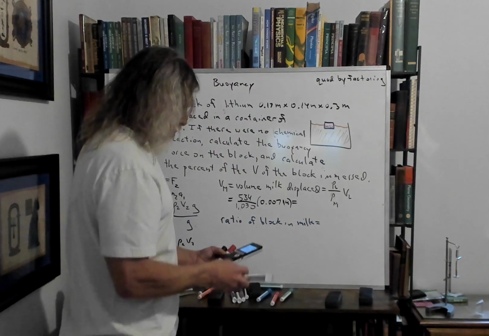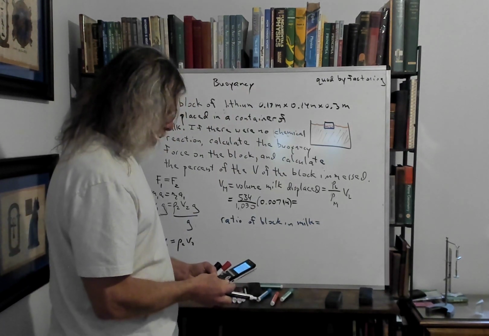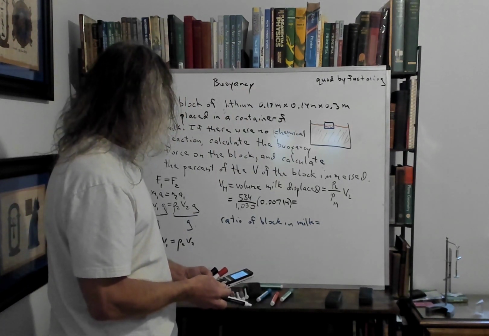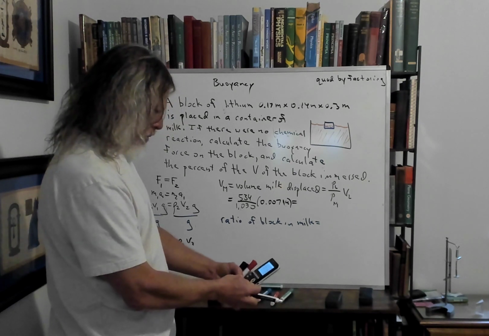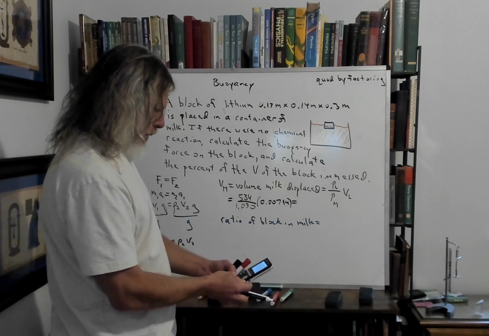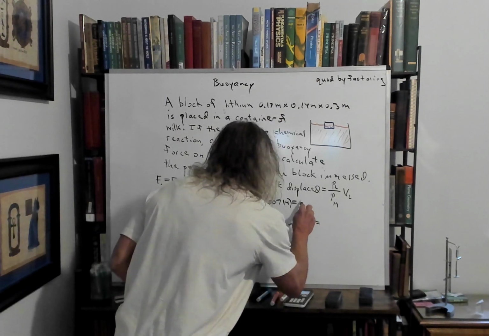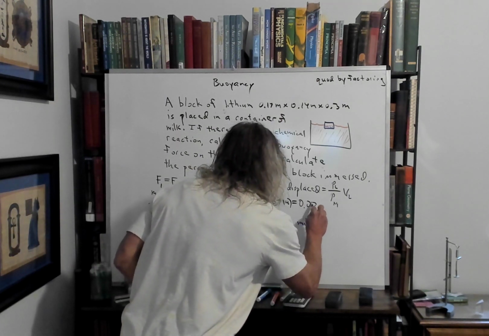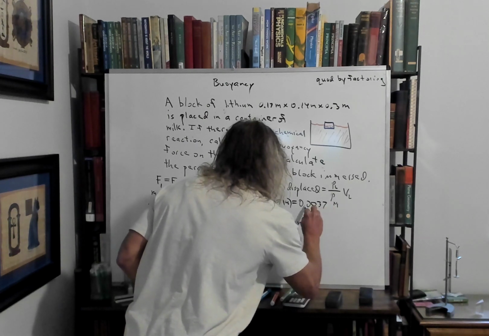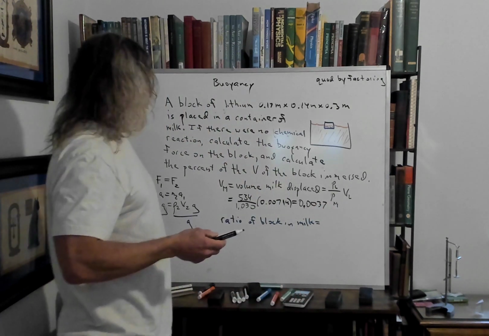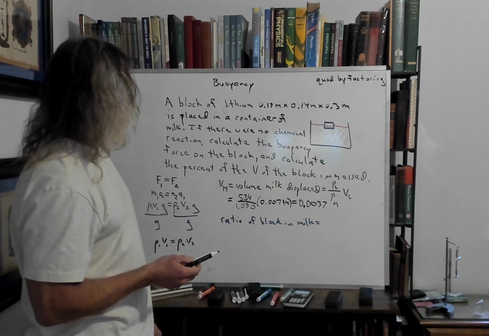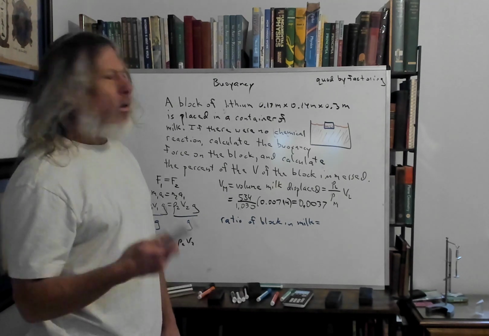And so we do that times 534 divided by 1,030, and we get 0.0037. Okay, that's how much milk is displaced.